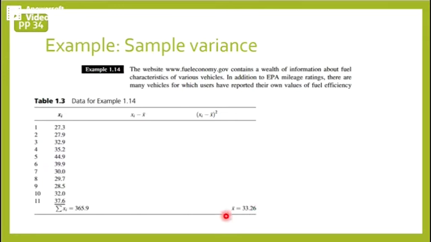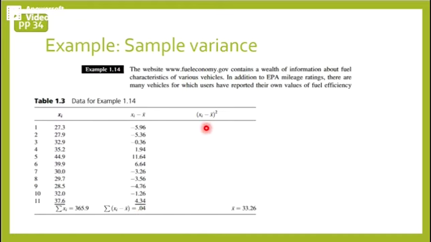Then we take this sample mean and we subtract it from each of these observations. And that is what we get. Then we can check the sum to see if it's close to 0. And yes, it is close to 0. The reason it's not exactly 0 is because of rounding errors.